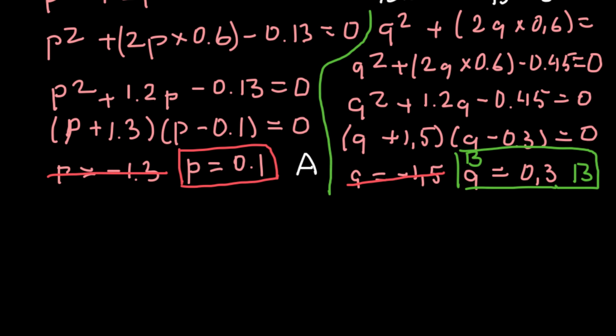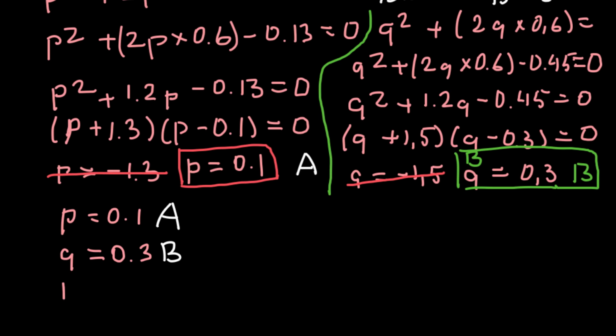So we have a frequency of the allele P, that is 0.1, or this is frequency of the allele A in our population. In our formula, Q stands for the frequency of the allele B, that equal to 0.3. This is frequency of the allele B in our population.